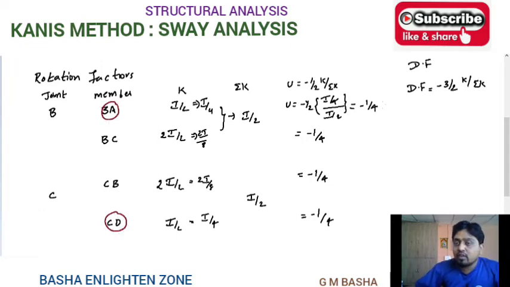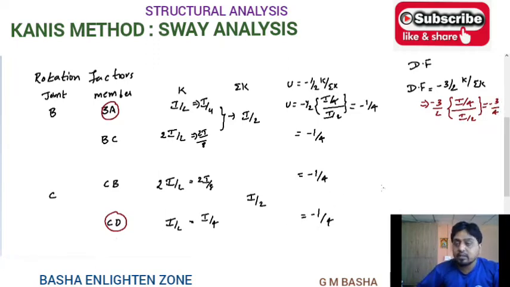So already we know the value, just substitute in the formula: minus 3 by 2, k value will be equal to I by 4, sigma k value will be equal to I by 2. So simplify, you will get a displacement factor also, that is minus 3 by 4.